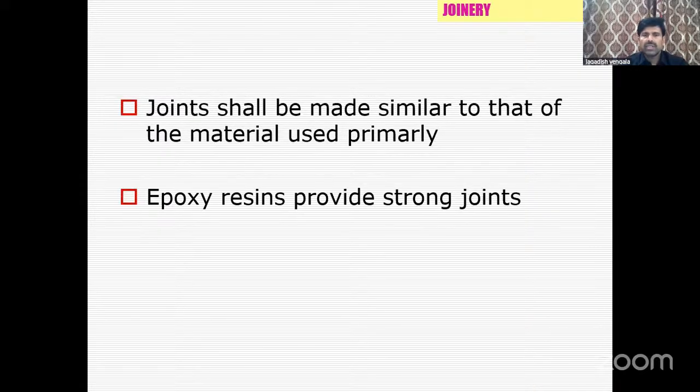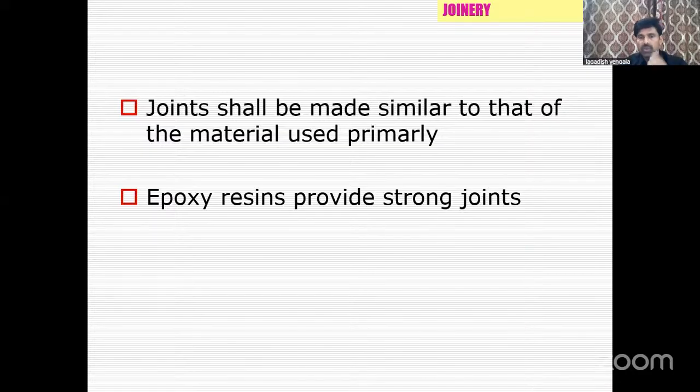Joints shall also be made with materials similar to the material used primarily. That means the material should go well with the bamboo. Epoxy resins definitely provide the strongest joints, particularly when you are going for traditional joineries. You can use epoxy resins to make the joinery portion.